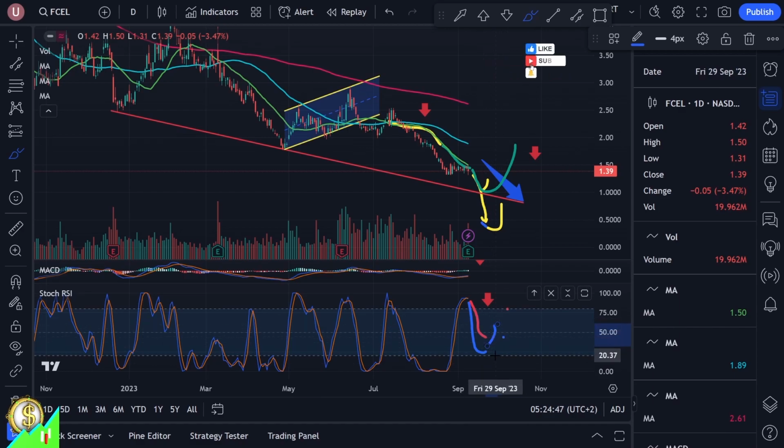So the crossing, actually, will be the momentum indicating the change of the pattern. Also, it will be followed by moving average 20 turning up. This will be very strong to buy.